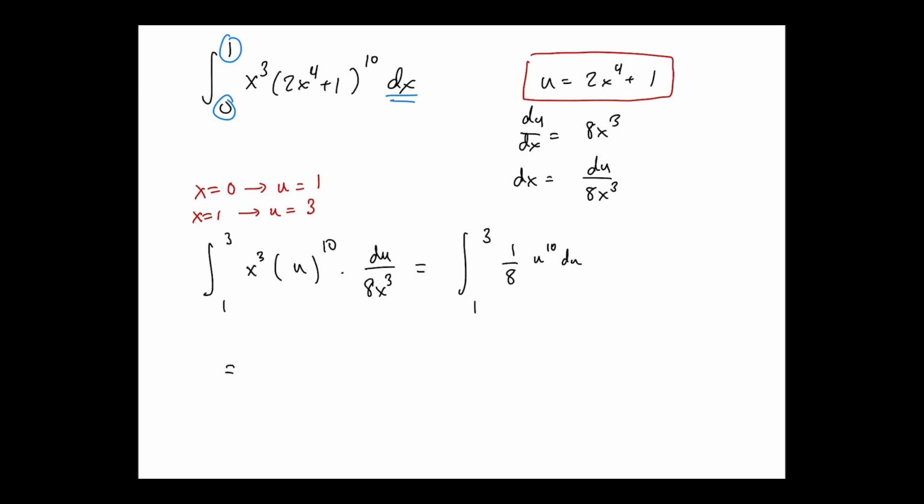And then what do I have to do with that 1/8? He just comes along for the ride. Do I have to write a plus c here? Why not? For a definite integral you don't need the plus c because it'll just cancel out anyway, so why bother?